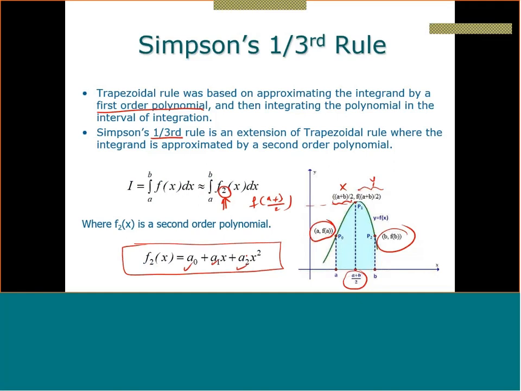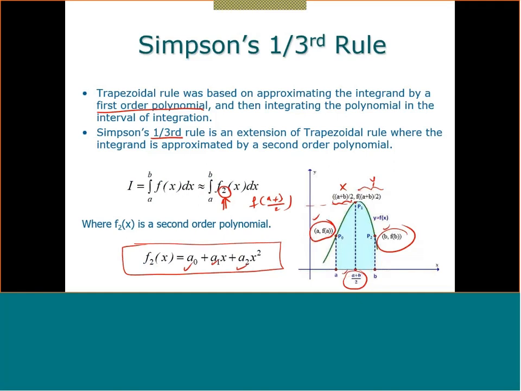Okay. Now as we know, we have these 3 values. We know the function at a, f of a. We know the function at a plus b over 2, f of a plus b over 2, and we know the function at b. So this is our first, second, and third point. So we know all of them. So I will have 3 equations.